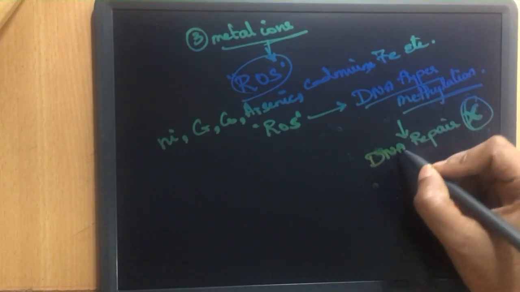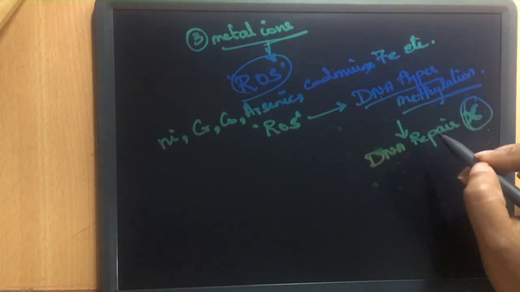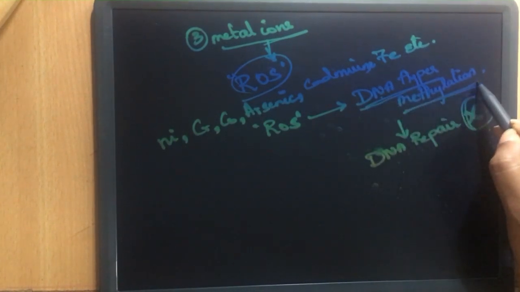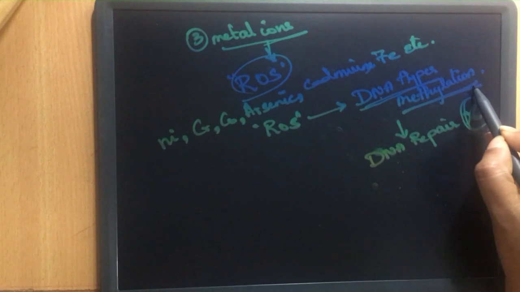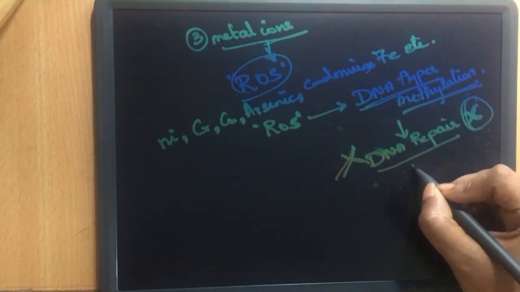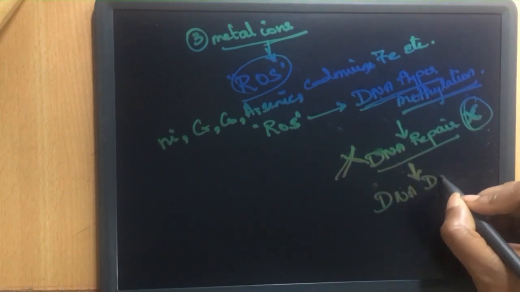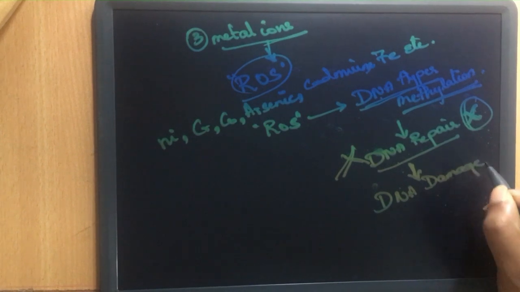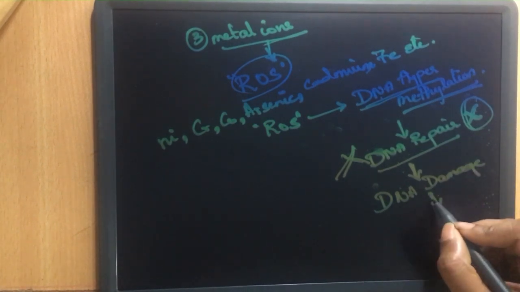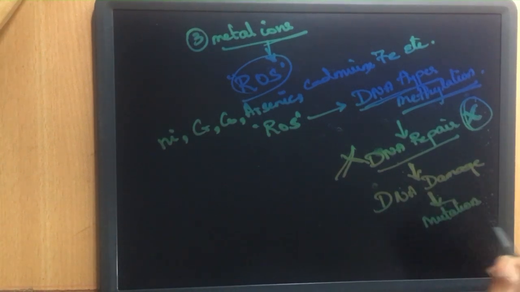The DNA repair mechanism requires the DNA to be in an unmethylated state for some period of time. But when the DNA is in the hypermethylation state, the DNA repair mechanism does not work, and therefore this leads to DNA damage and obstructs the DNA repair process. And thus mutation occurs.